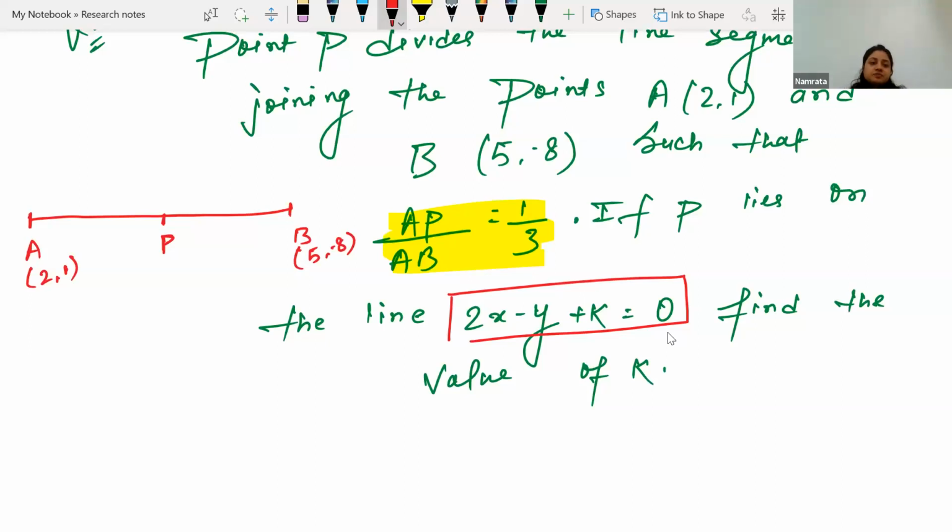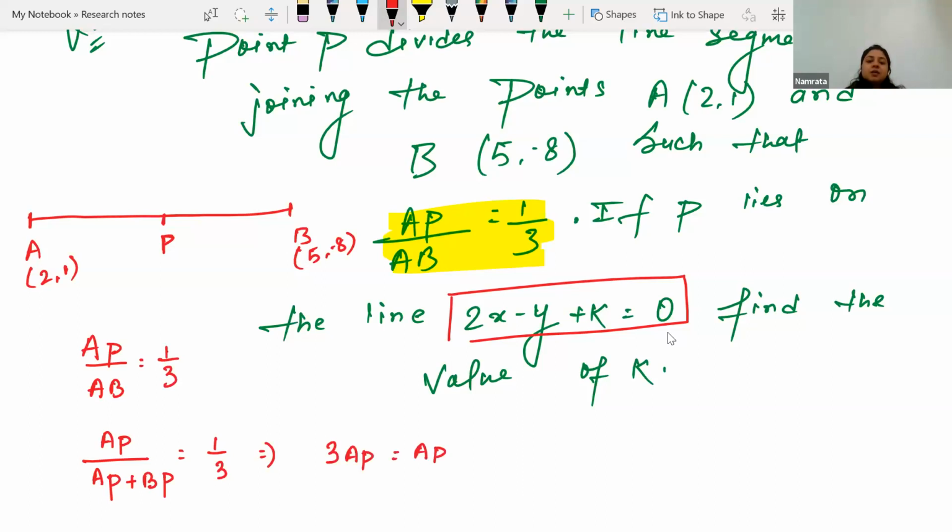Let's see. So the yellow part says AP is to AB is given as 1 is to 3. If we take AP and AB, I want to break it. So for AB, I am going to write AP plus BP, or PB, whatever, is equal to 1 is to 3. Now let's simplify it further by crisscross multiplication. So we will have 3AP over here, and here we will have AP plus BP.